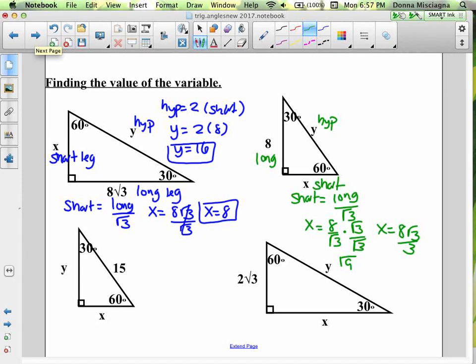To find our hypotenuse, the hypotenuse is equal to 2 times the short leg. So y is 2 times 8 square roots of 3 over 3. You just multiply the two numbers in the numerator. 2 times 8 is 16. So 16 square roots of 3 over 3 is twice as big as 8 square roots of 3 over 3. Y is 16 square roots of 3 over 3.